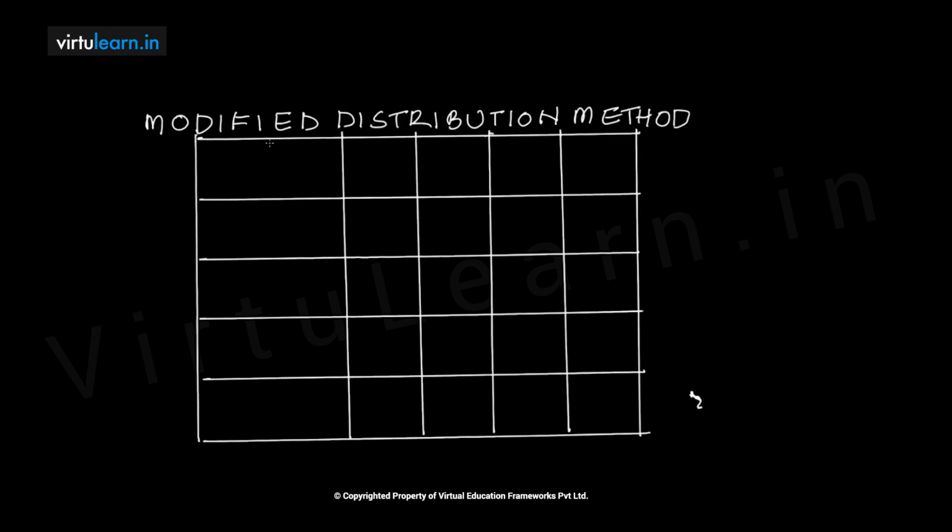That means the first row is indicated by u1, the second row by u2, the third row by u3, and the fourth by u4. When it comes to columns, the first column is indicated by v1, the second column by v2, the third column by v3, and the fourth column by v4.